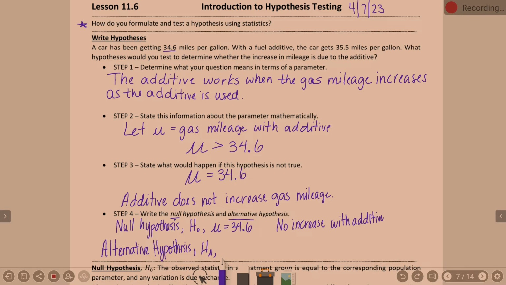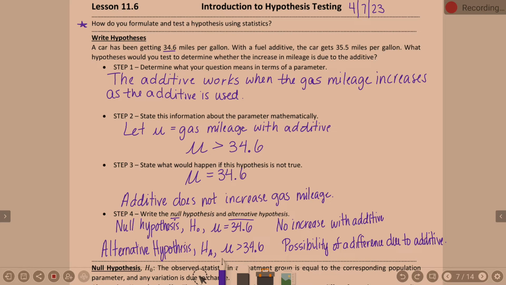If the additive is doing its job, what is the claim? And that was the one that the mean is greater than 34.6. And this one is the possibility of a difference due to the additive.